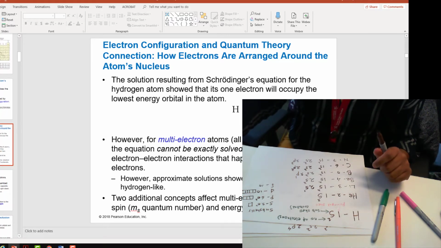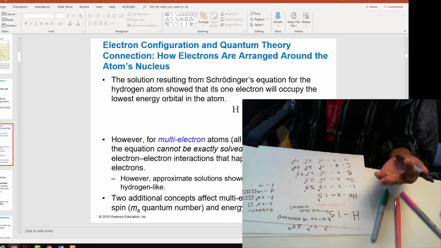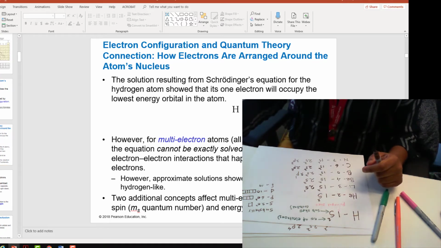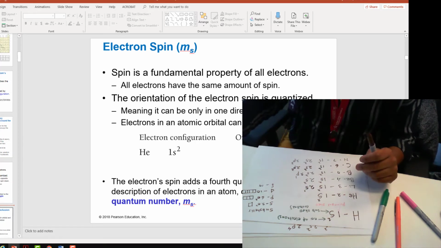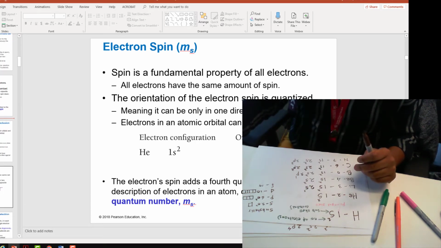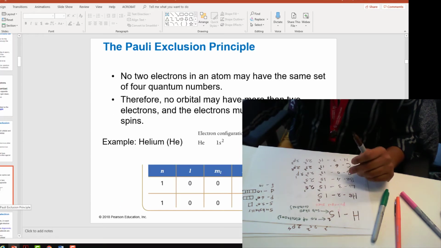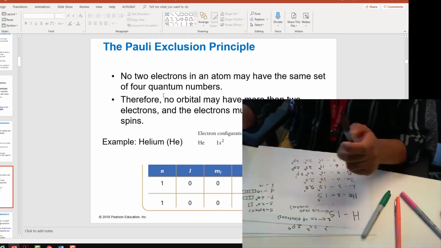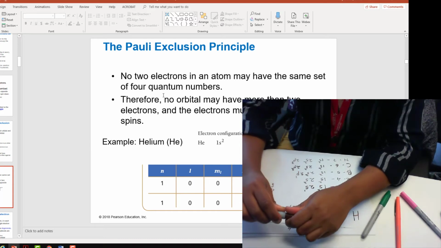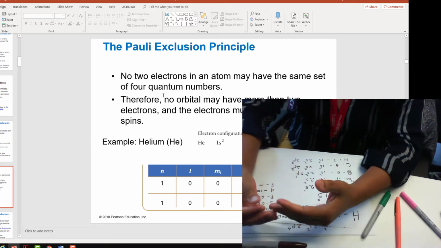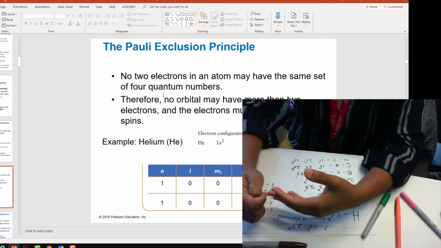So this is for hydrogen: only one orbital, one half arrow, meaning only 1 electron. You write for helium up and down, like that. So why do we need to use this orbital diagram? A very important concept comes here: Pauli's exclusion principle.